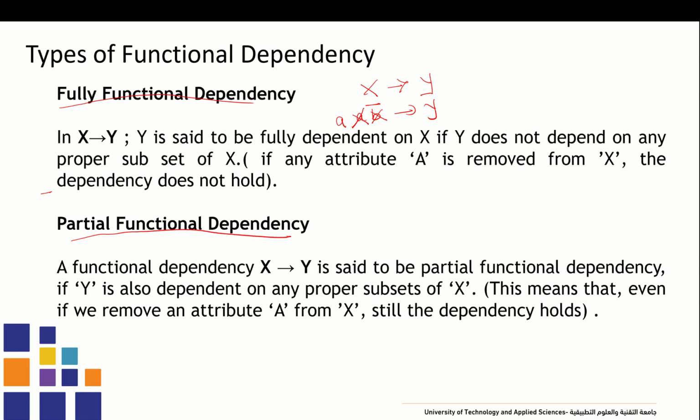So in other words, Y does not depend on a subset of X. So suppose for example X is two attributes A comma B. What are the subsets of X?